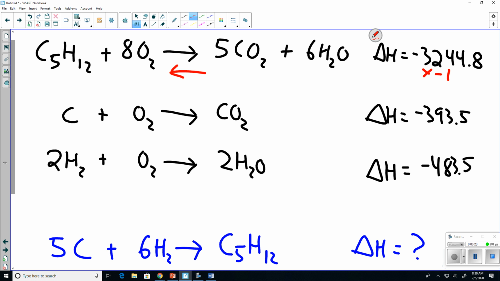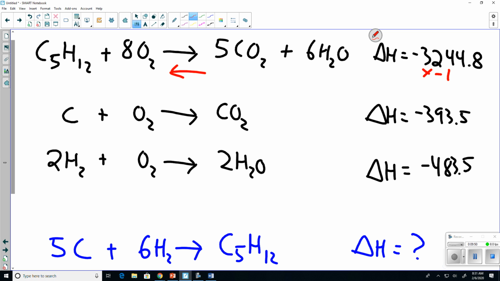Okay, equation number 2, the synthesis of carbon dioxide. When I look at this equation, and then I look at my equation in blue, what I notice here is both of them have carbon. However, my equation on the bottom has 5 carbon atoms. My equation on the top only has 1.